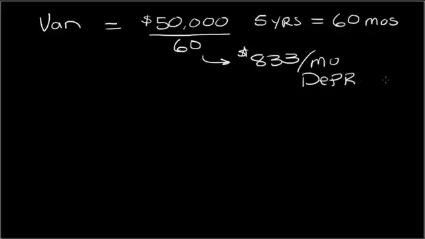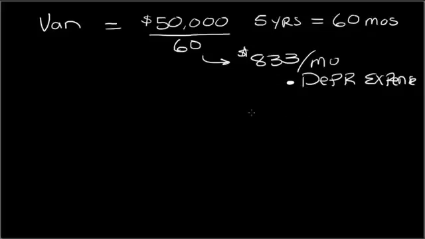And what this is, again, attempting to do is put the expense in the year in which it was incurred. If we're using the van in that year and it's being used up at the rate of $833 a month, we need to record that in that year in which that depreciation expense occurred.